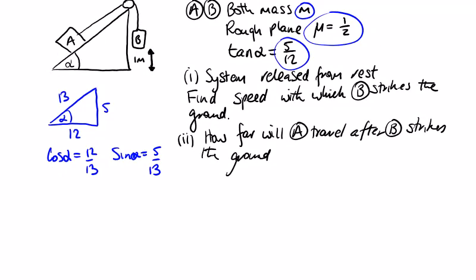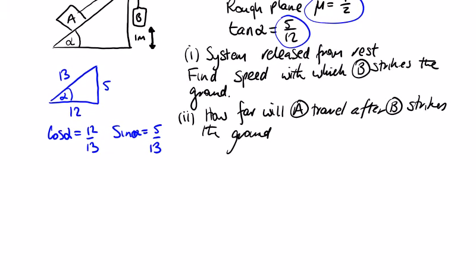First of all, let's look at what's happening with A, and we'll get our two equations so that we can find the acceleration. So here's A. We have our reaction force, and the string going this way, T. Acceleration is also going that way, we'll call it a.